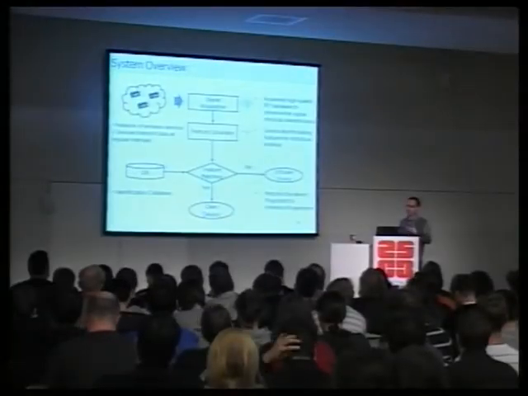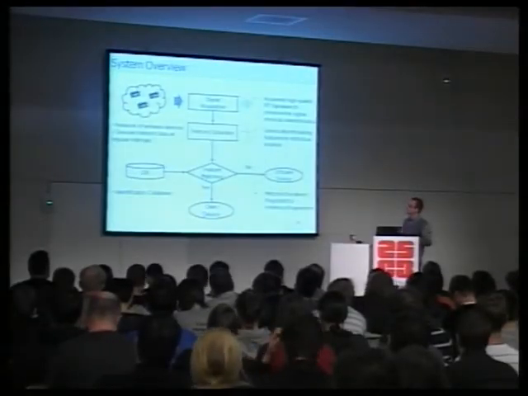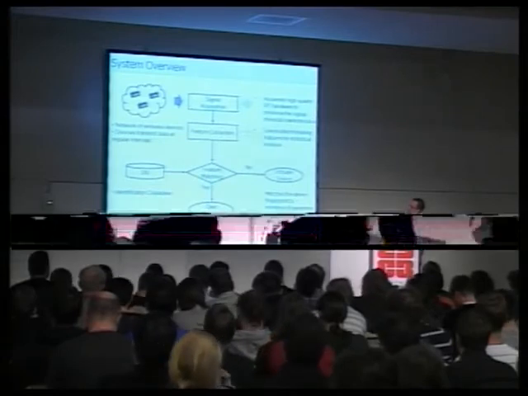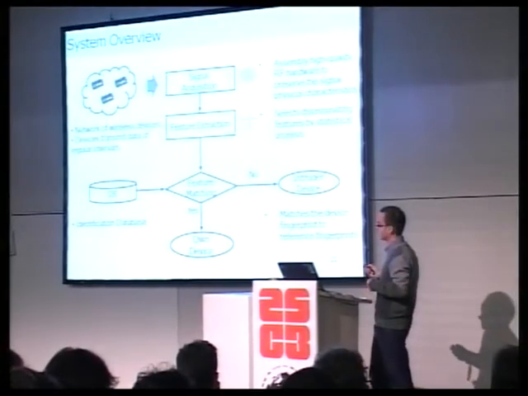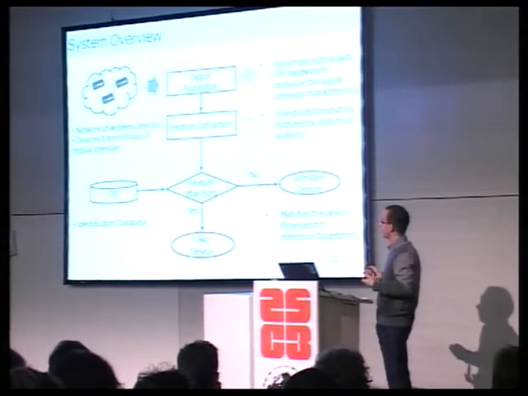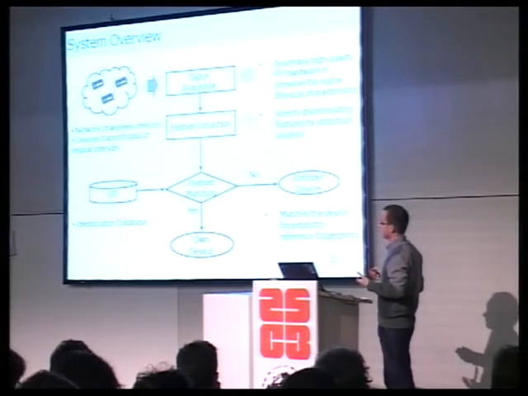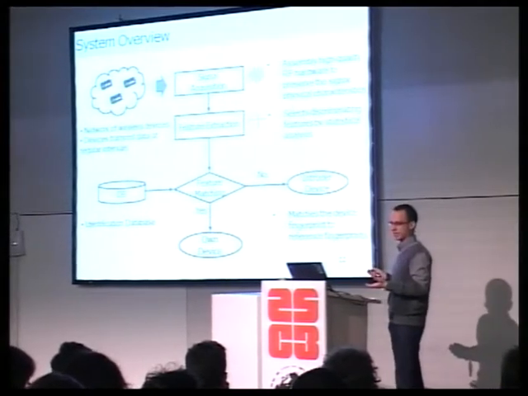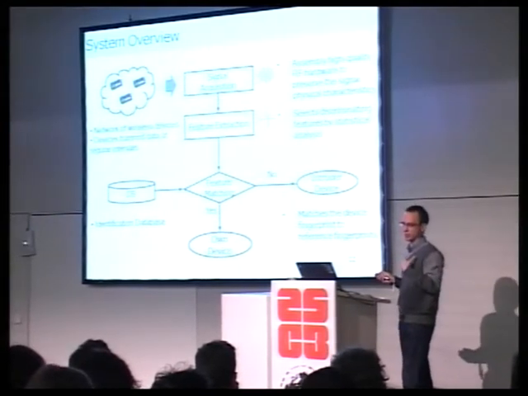We always add some, but at least minimize as much as possible. Then the typical statistical part starts afterwards. We try to extract features from that physical layer data, and then compare them with features that we have in our identification database. Is it our own device or is it another device?